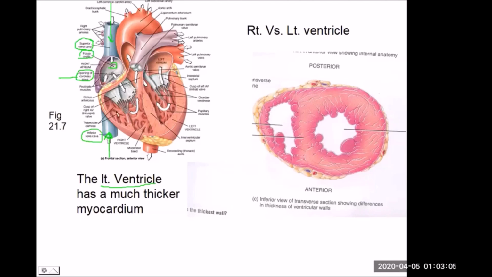So the right ventricle has a smaller job to do, whereas now you can see that very thick, prominent myocardium surrounding the left ventricle. And this is the thickest, strongest myocardium of the heart, because again, this left ventricle has to pump blood through the systemic circuit all around our body to deliver oxygen. The right ventricle is only pumping blood just to the lungs.